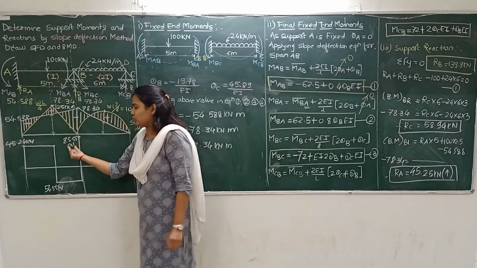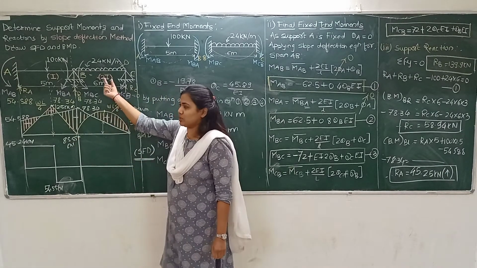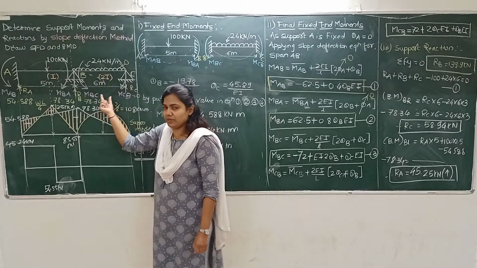This shear force will vary again between B to C as the loading changes. From B to C we have a uniformly distributed load acting over the span BC.